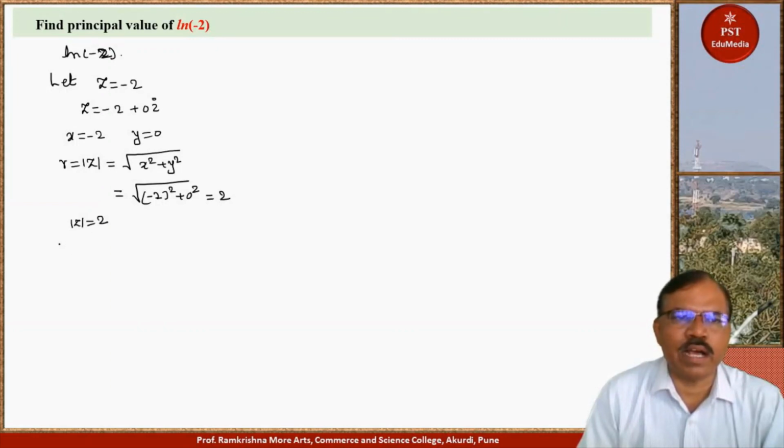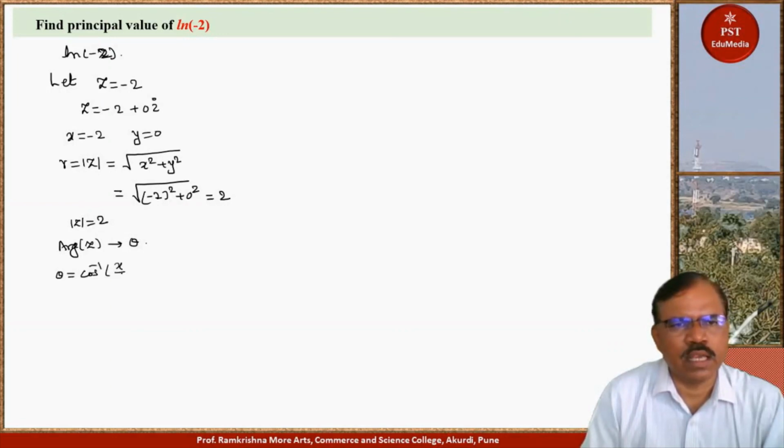Now we have to find argument of z, that is theta. Now we can find theta is equal to cos inverse x by r. So theta is equal to cos inverse x by r, which is minus 2 by 2. So we get theta is equal to cos inverse minus 1.